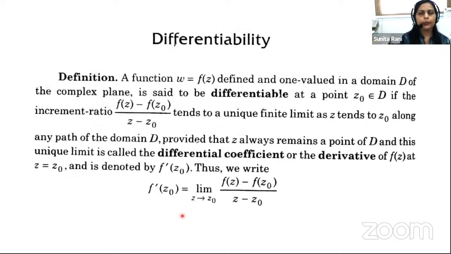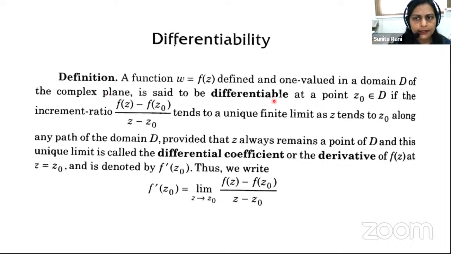Next is differentiability of a function. How do we differentiate a function of a complex variable, and what is the definition of that? W is a function defined and one valued, meaning single valued, in a domain D of the complex plane.